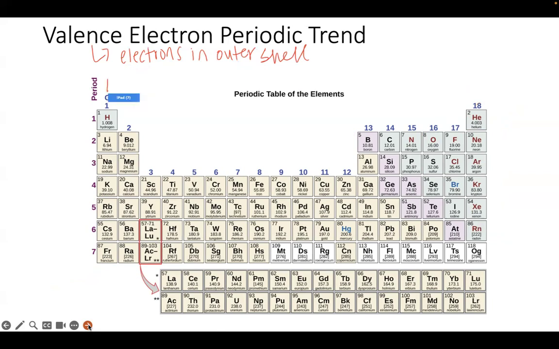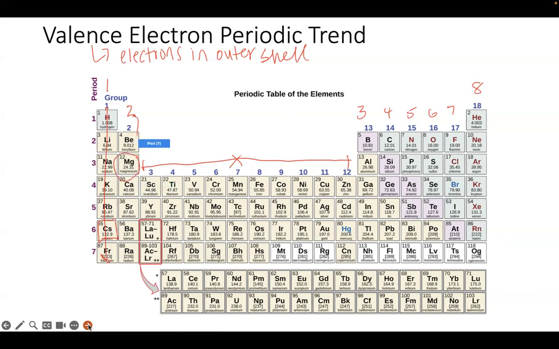So there's 1, 2, we're going to skip a few, then 3, 4, 5, 6, 7, 8. So anything in this category is going to have 1 valence electron. So if you were asked how many valence electrons cesium has, it has 1. Same thing here, magnesium would have 2.